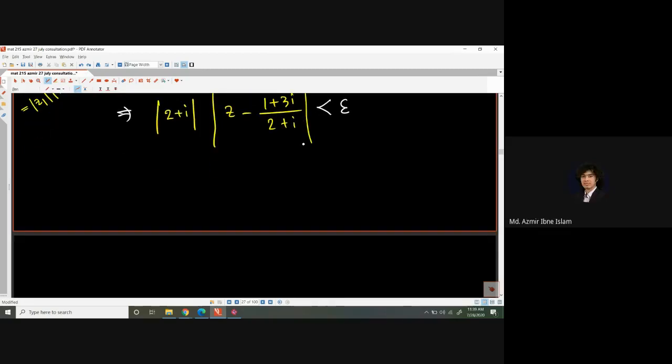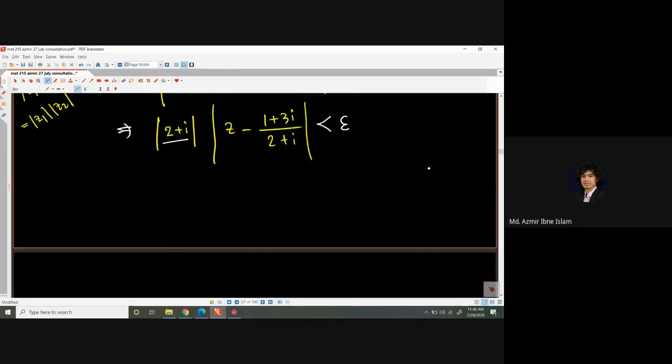So you can see there is a complex number and we have to find the modulus of this. Suppose z equals 2 plus i, and we are asking for the modulus. Modulus is the square root of x squared plus y squared. So here we have 2 squared plus 1 squared, that means 4 plus 1, 5.